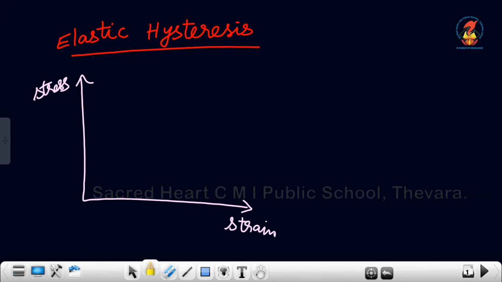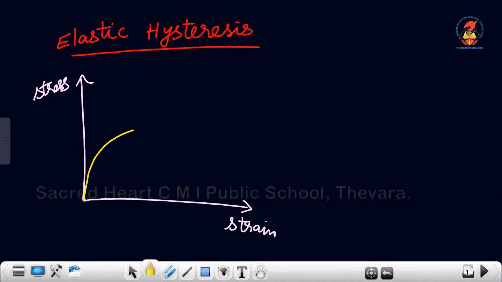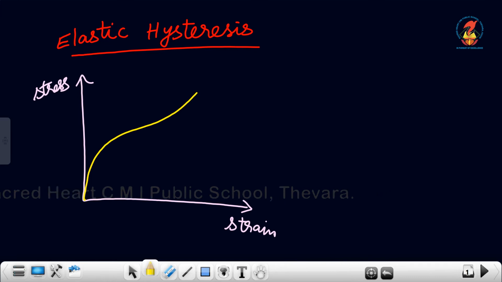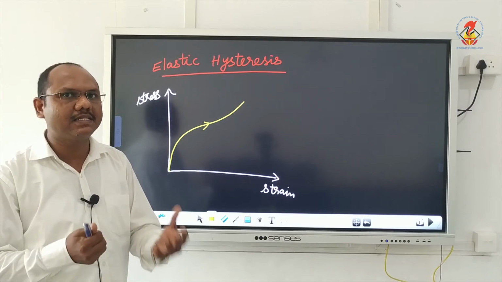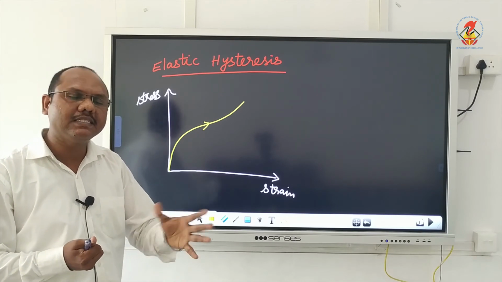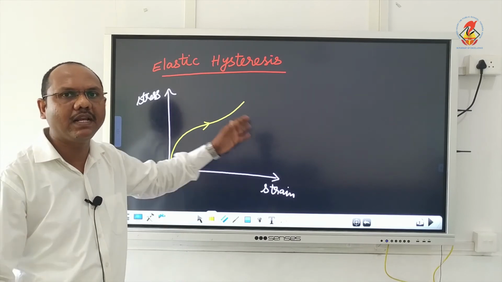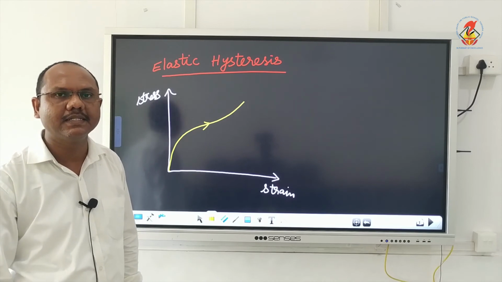When I increase the stress, strain will also increase. So rubber is not obeying Hooke's law, so the graph will be a curved line like this. This is the stretching part. Now since it is an elastomer, when I remove the stress, it will come back to the original position, right?